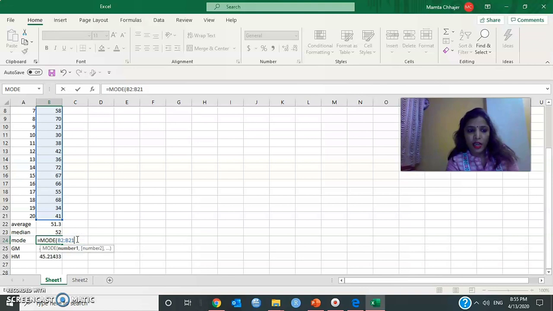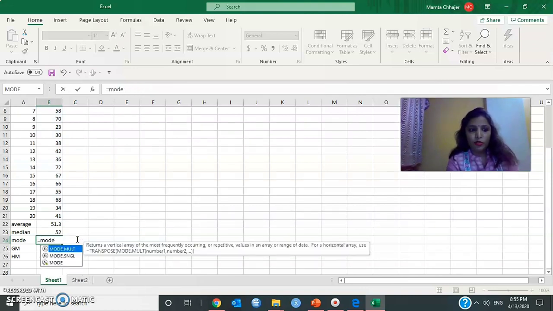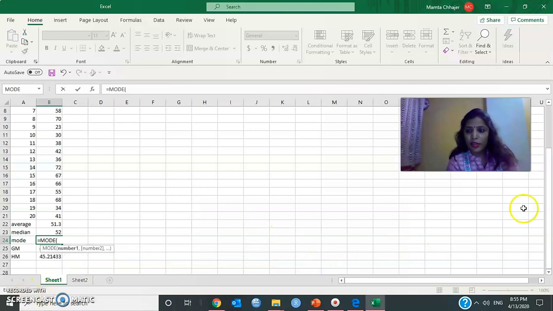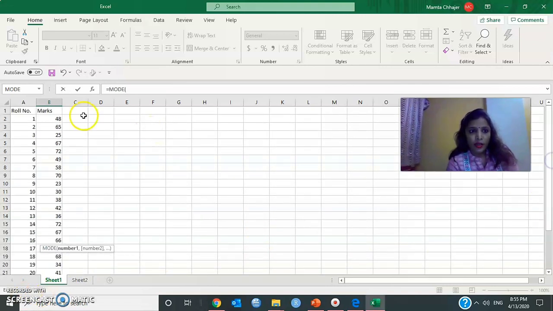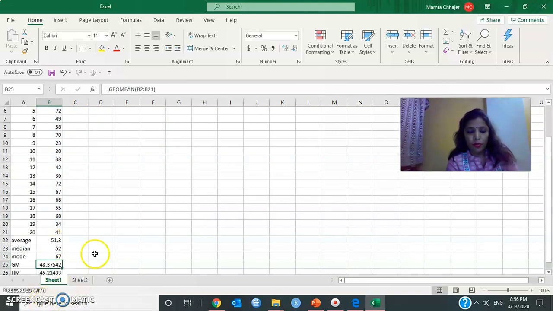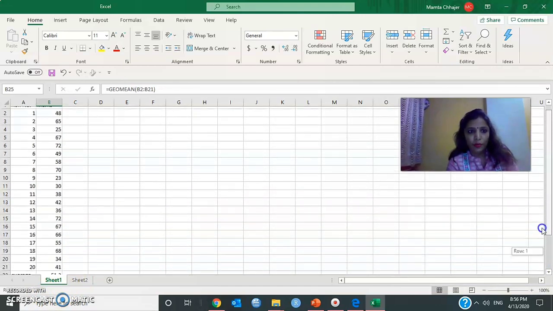So mode again, what do I do? I press equal to, I type mode and I select mode and then here is the marks selection, 20, and I press enter. So I get 67 as the most repeated value.